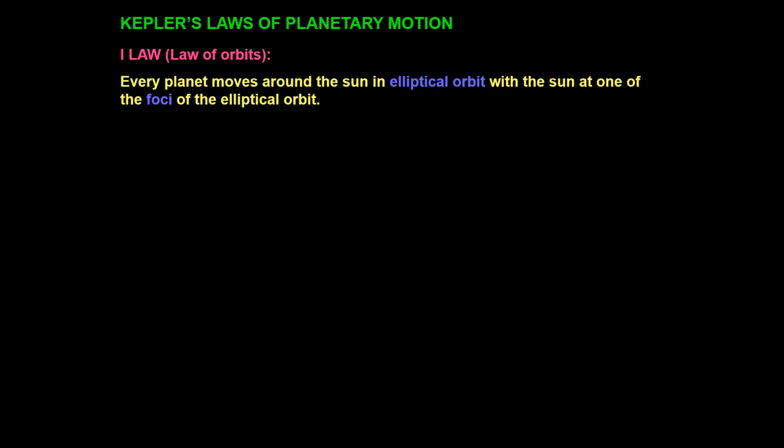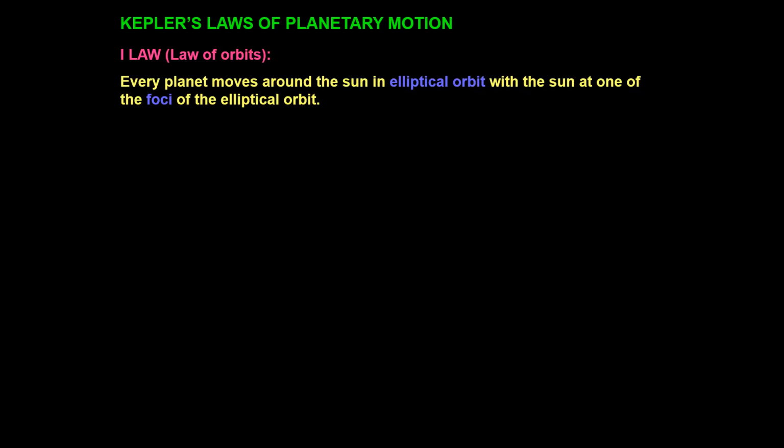So you are with two foci. Foci is the plural of focus. What I'm telling is that every planet revolving around the sun in an orbit has two centers of focus. My dears, understood now? Kepler's first law says, what does it say?